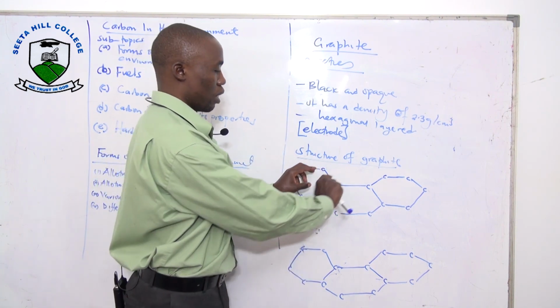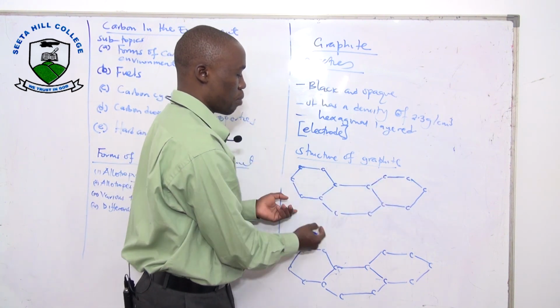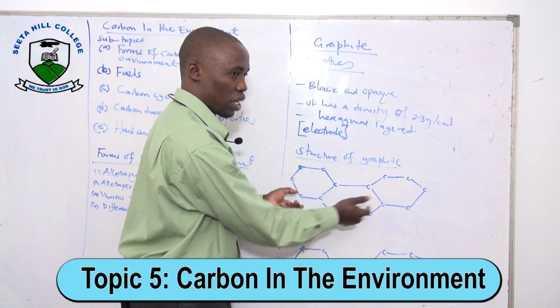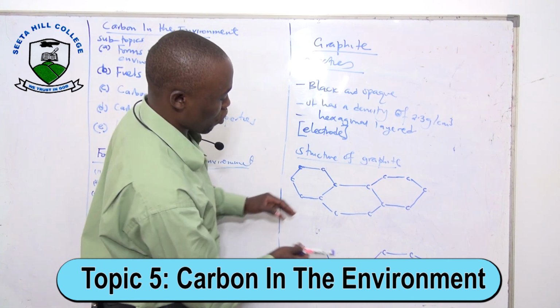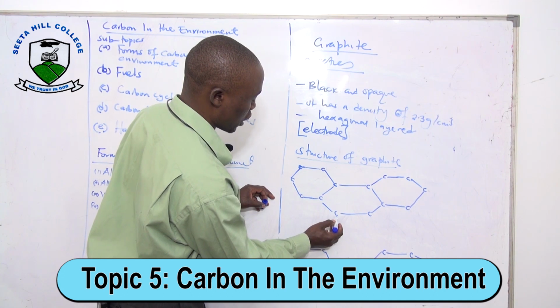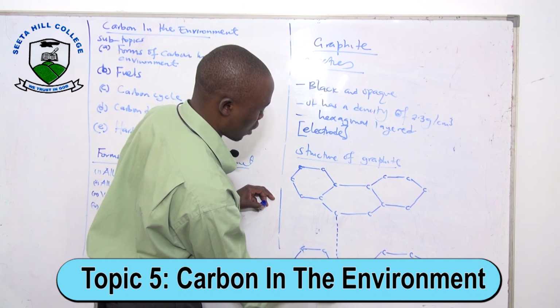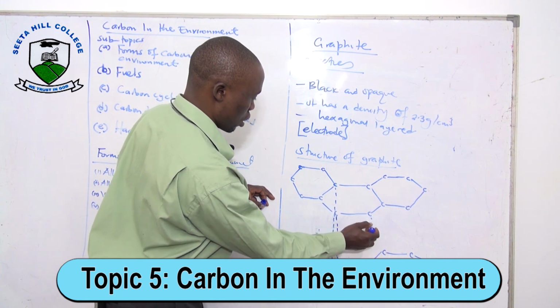The one that has been left will keep moving from one carbon to another, because there will be many. They will be mobile. Now, this structure is linked to this other structure by weak forces. By weak what? Forces.